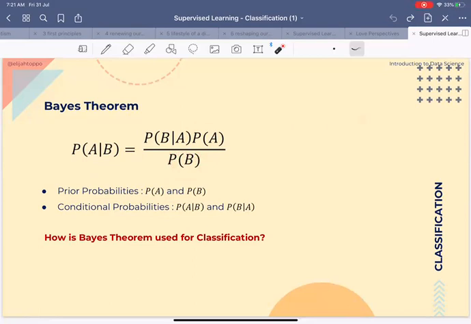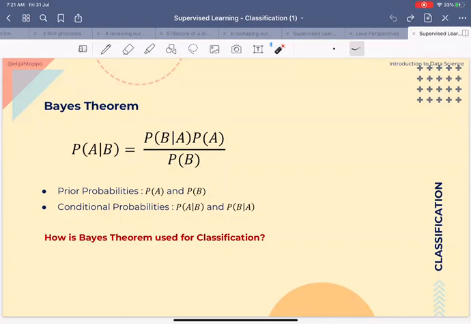These events A and B have no relation, or even if they have a relation, probability of A and probability of B have no relation between them. And so we have prior probabilities and we have conditional probabilities. Conditional probabilities are the probability of something given something else has already happened. So the interesting question is, how is Bayes' theorem used for classification? How can we use that?